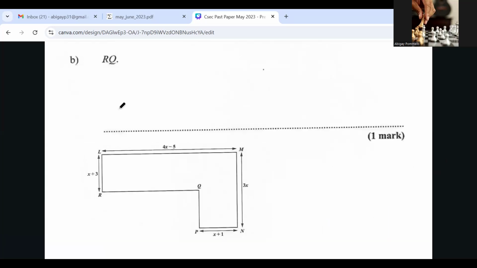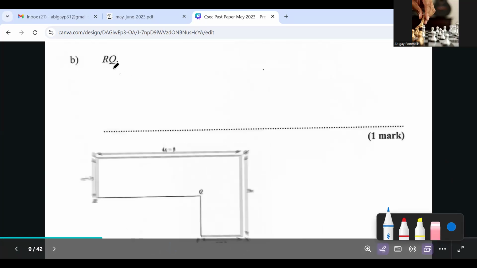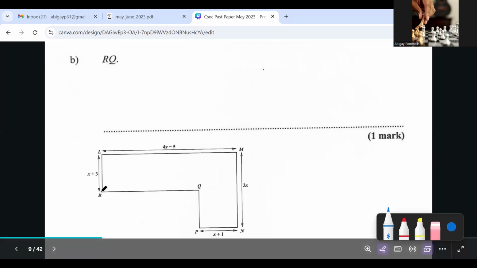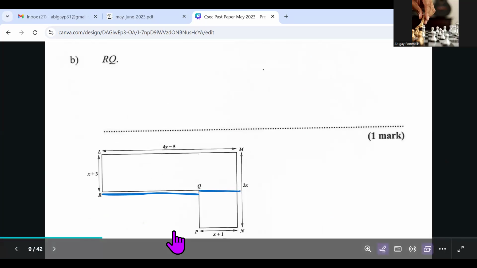All right, let's move on to this one. Same thing, we're finding an expression in terms of x for the length RQ, and RQ is right here. Same procedure. All I have to do is just cut this into a rectangle.